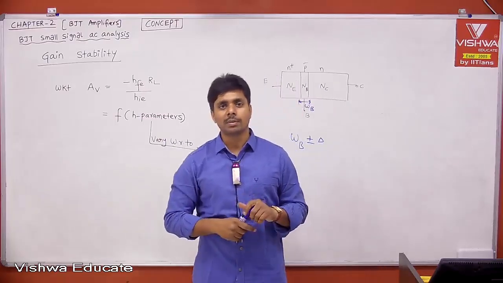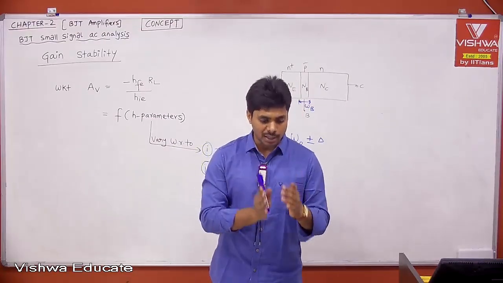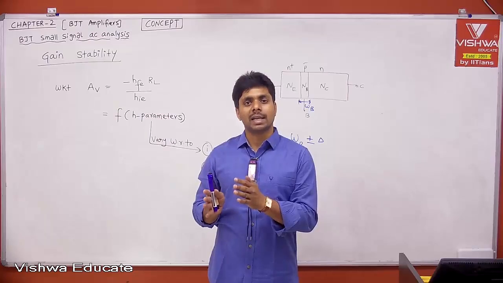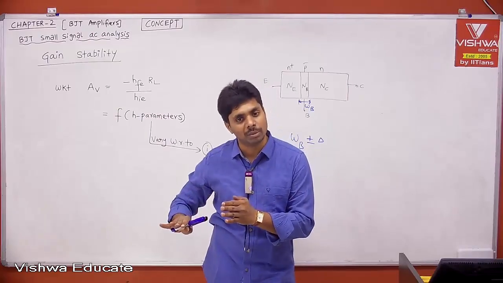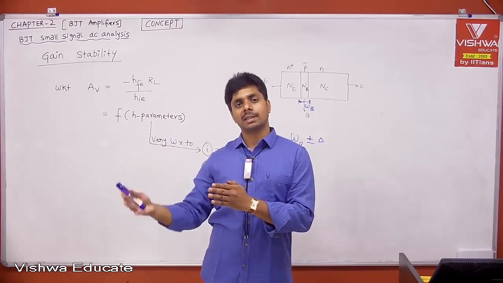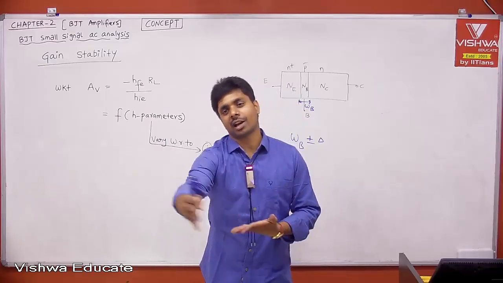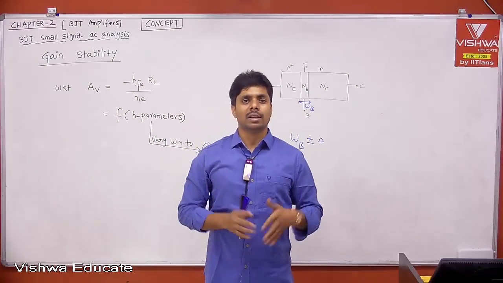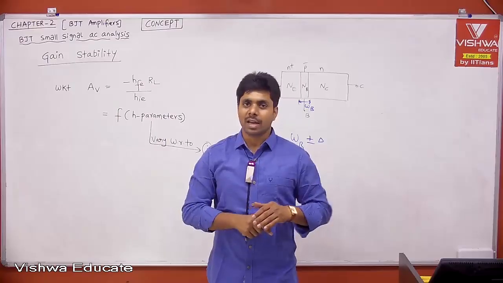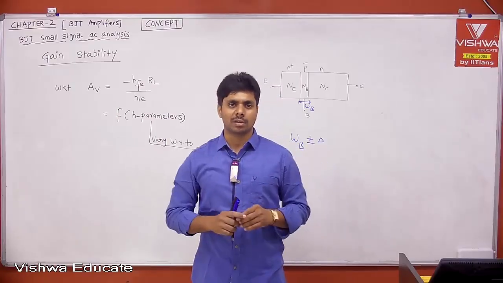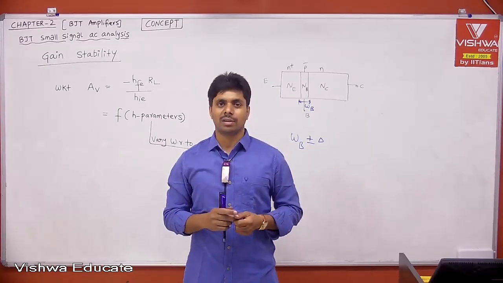Few people will draw 10 centimeter, few people will draw 10 centimeter plus some 2 millimeter, few people will draw 10 centimeter minus some 3 millimeter. Therefore, all will not have the same 10 centimeter. That is a natural phenomenon, right?